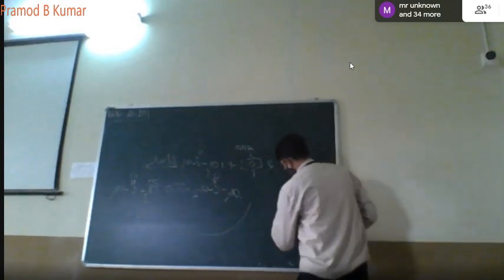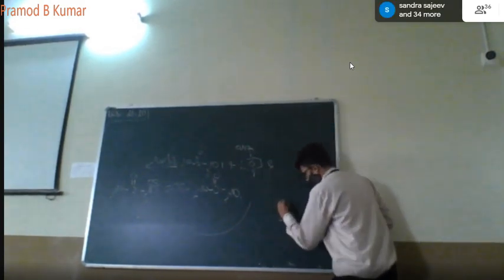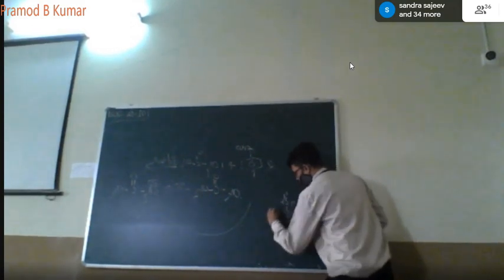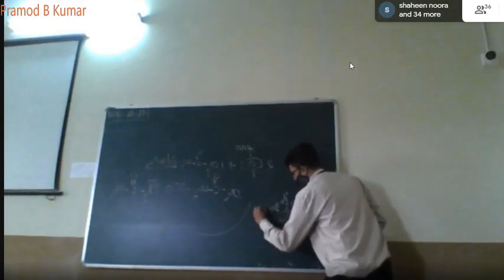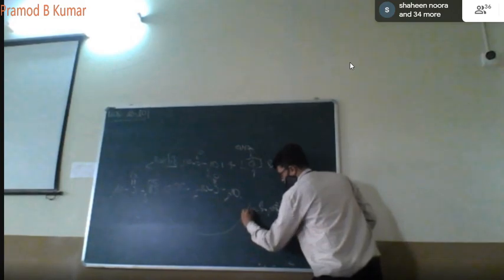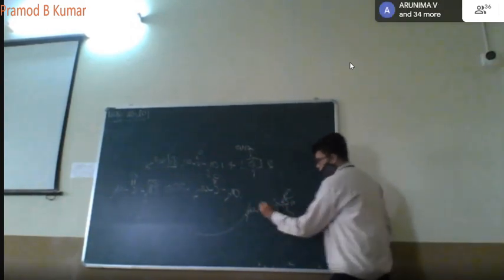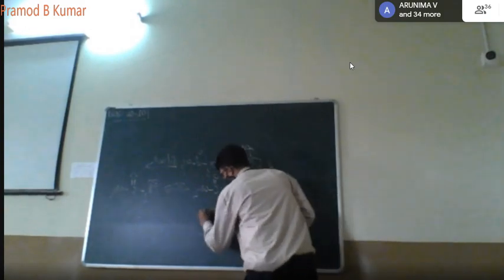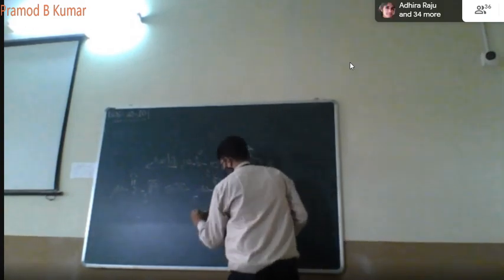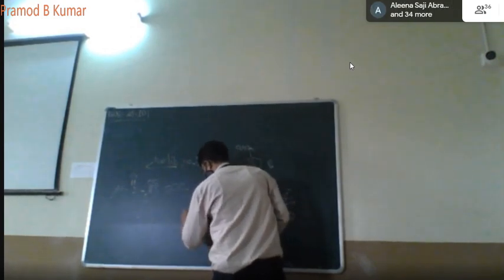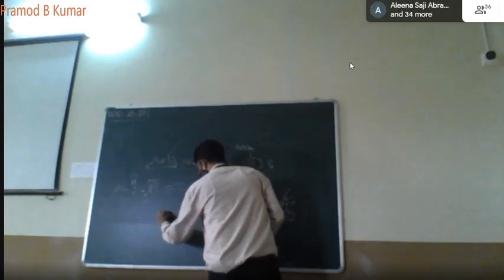So what happens when it attacks over here? This attacks over here, the electrons go up and get propagated, and you get CH(OH)CH2C=O.